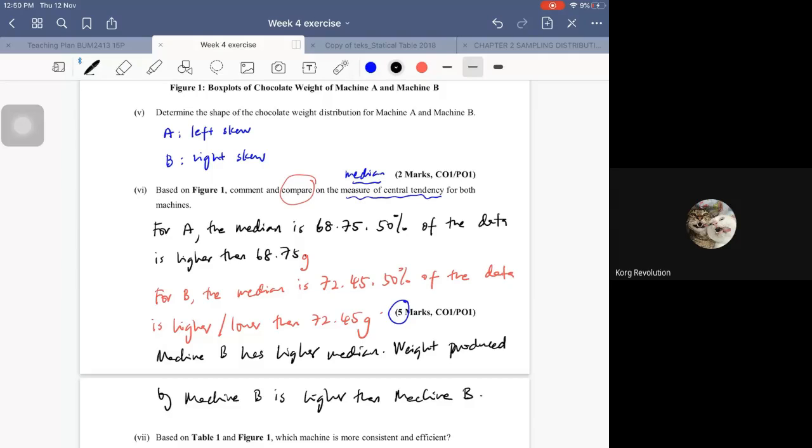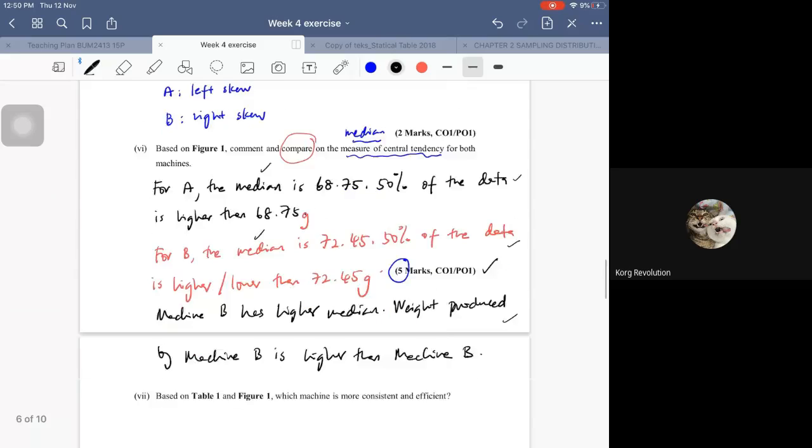As long as you say anything that is correct about the data, it will be accepted. But when you say 5 marks, there are definitely 5 things that you have to explain. First, state the median value for A and the median value for B, and tell what the median value means. And then the last mark will be for comparing them: the weight produced by machine B is higher than machine A. That is from the median value.